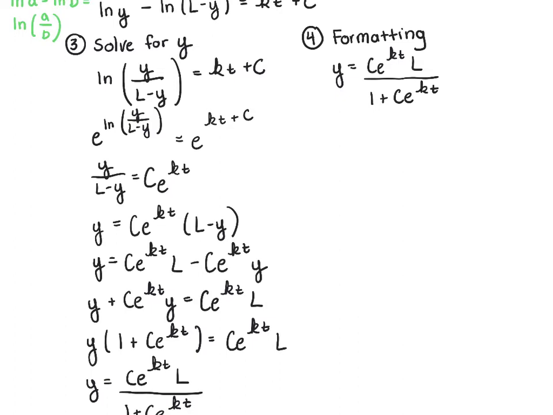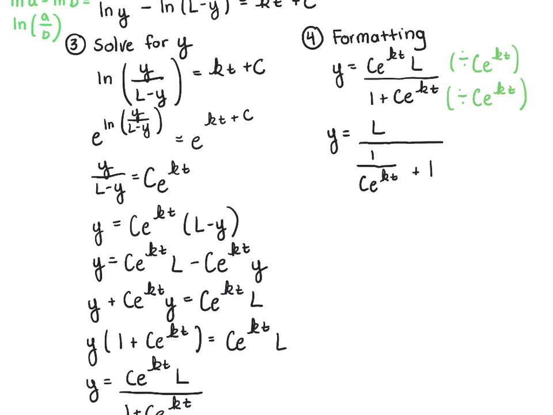You wouldn't necessarily, so don't worry about that so much. I'm going to divide the top by that, and I'm going to divide each term in the denominator by that as well. Up top, all I will have left is L. On the bottom, I will have 1 over C e^(kt) plus 1.